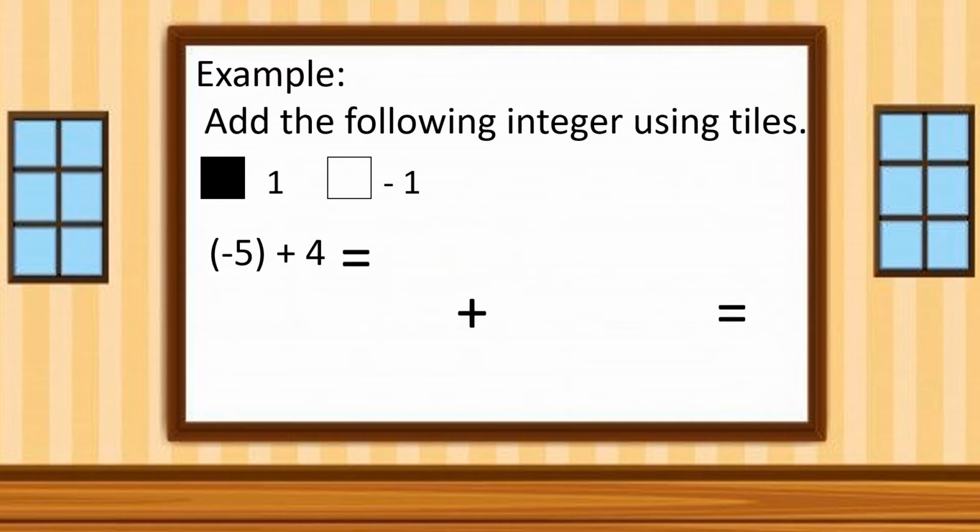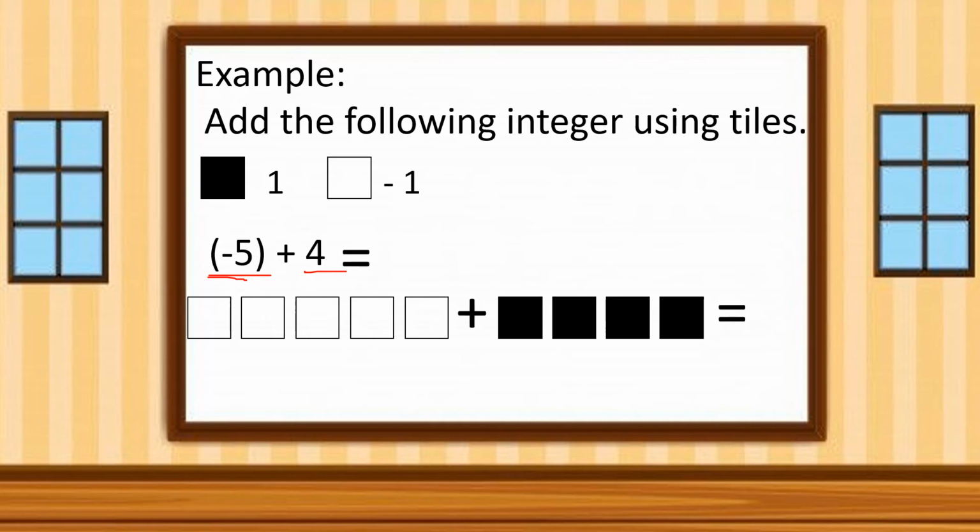Next, we have to add negative 5 and positive 4. So again, we represent first this negative 5. So pag nirepresent natin si negative 5, magkakaroon tayo dito ng 5 puting tile. While we have to represent positive 4, so ang ire-represent niya naman dyan ay 4 na black tile. So now, meron kaya dyang neutral pair?